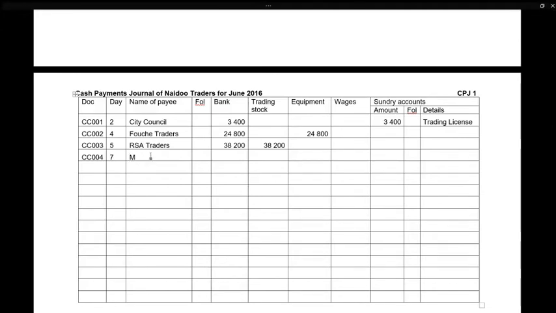You just type it in capital letters, Man Traders. And the amount that we are paying them will be 6,414 Rand. It's the total of both items, of which 6,200 for the cash register will be classified as equipment, and the remaining balance of 214 Rand will be classified as stationery.